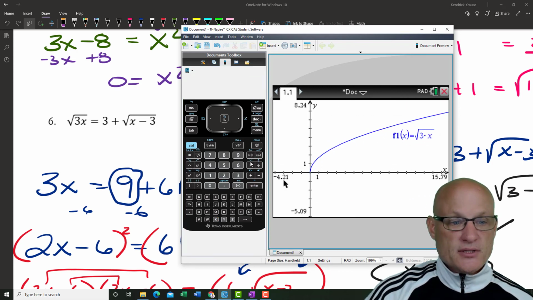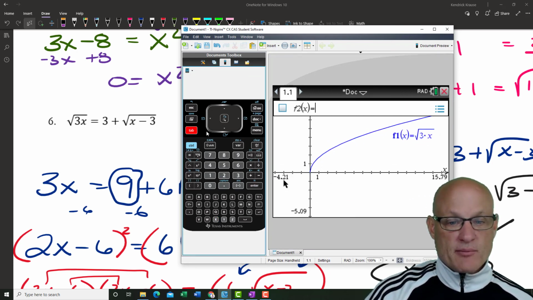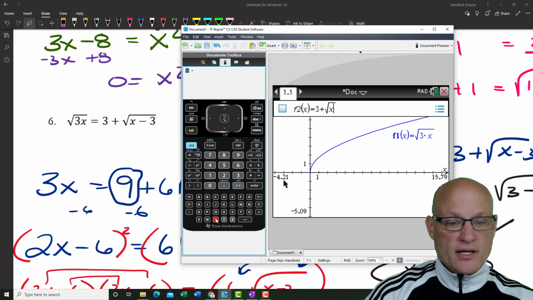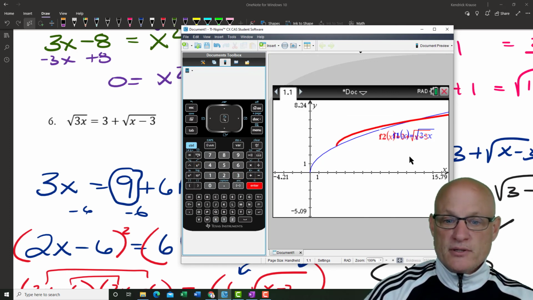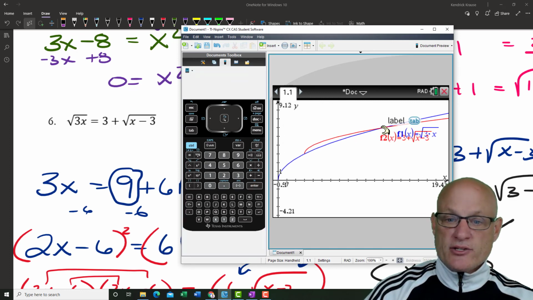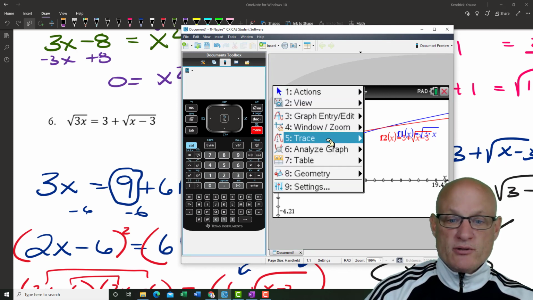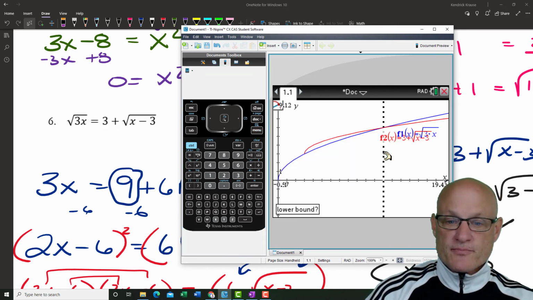Right there it is. Then I'm going to hit tab, and then I'm going to type 3 plus the square root of x minus 3. Bam. Now, it looks like they might hit each other here, and it looks like they might hit each other here. So we're going to go to Menu, Analyze Graph, Intersection.